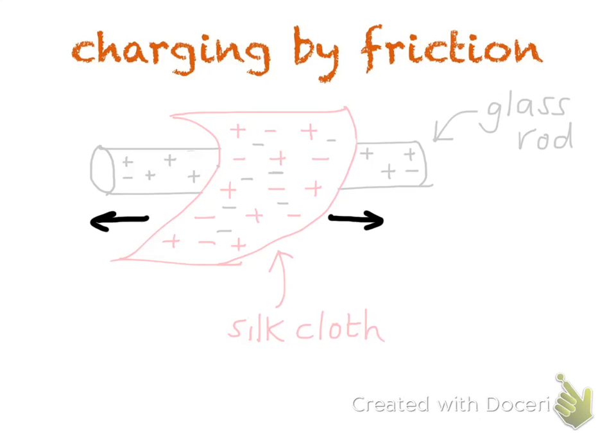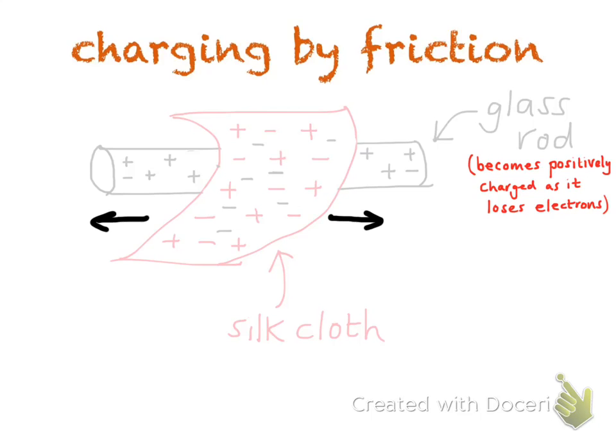So as we go up and down, you'll see that a number of the electrons on the glass rod have now moved onto the silk cloth. Now, by no means do all the electrons move, obviously. There are a huge number on the glass rod, but we have sufficient electrons moving from the rod onto the silk cloth, such that on the glass rod we now have more positive charges than negative charges, i.e. more protons than electrons, and hence the glass rod becomes positively charged because it's lost some of its electrons.